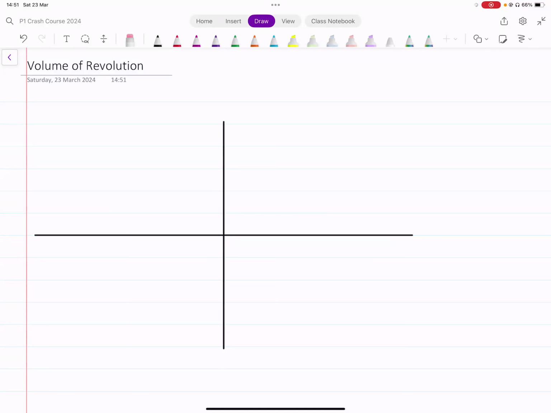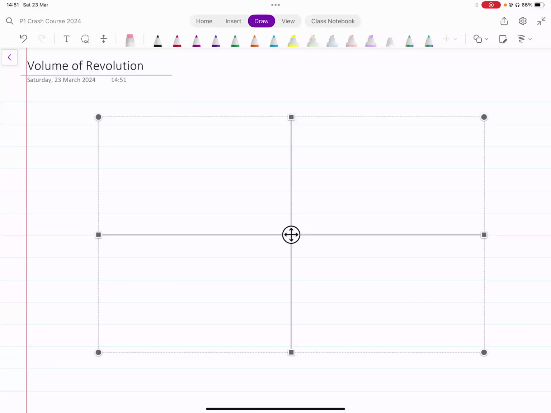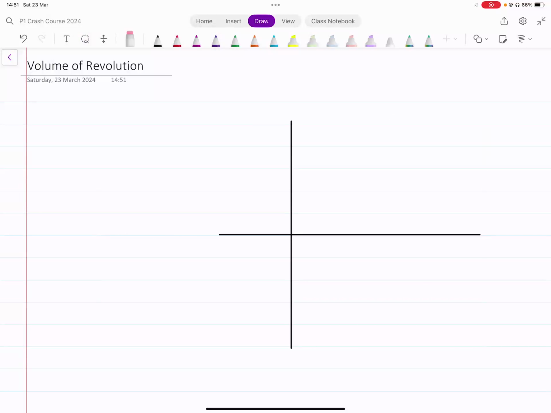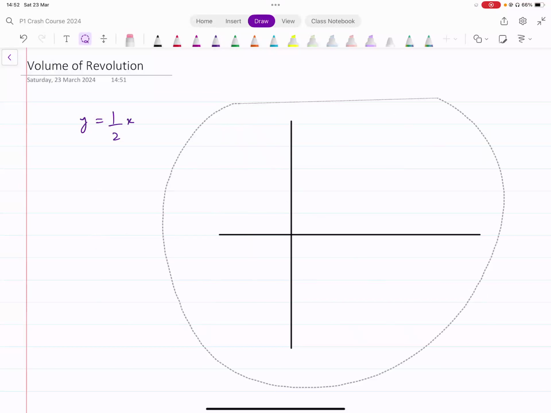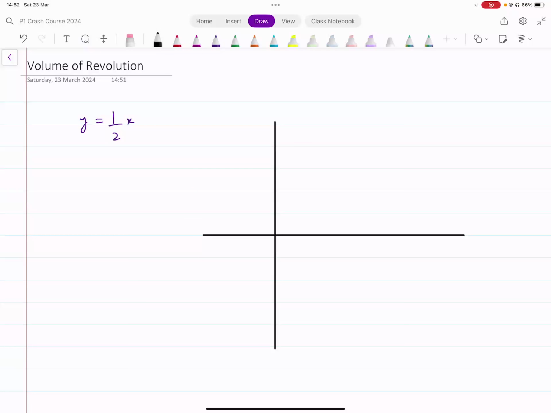Let's say we have a graph like this. We have a line, for instance, y equals half x, right? This is the line that we have, y equals half x. And we want to find this volume that I'm just going to show you.